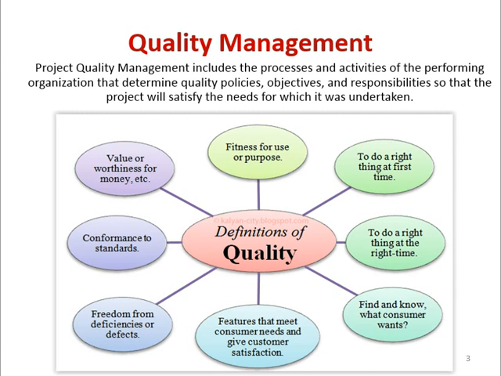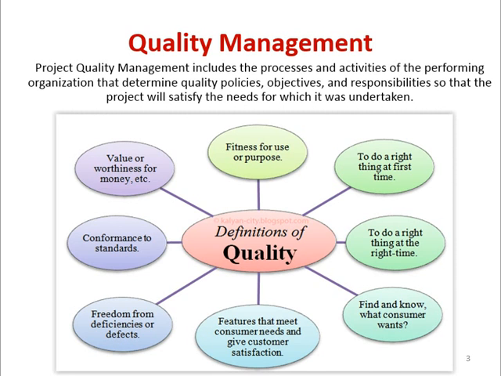Then conformation to standards and freedom from deficiencies or defects. Another part could be value or worthiness for money, etc. So these all parameters will generally talk about as an element of quality.